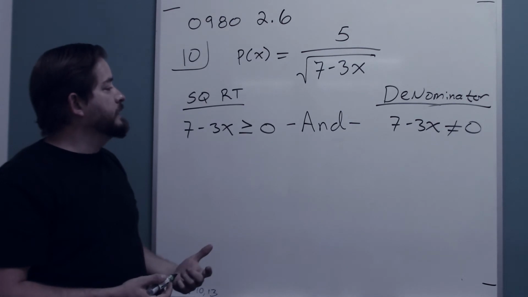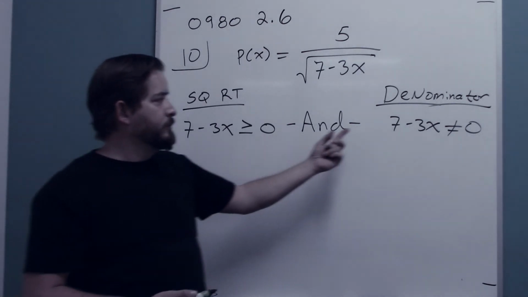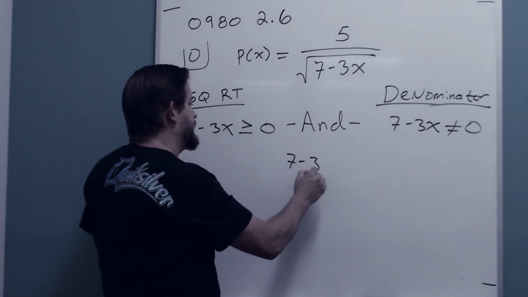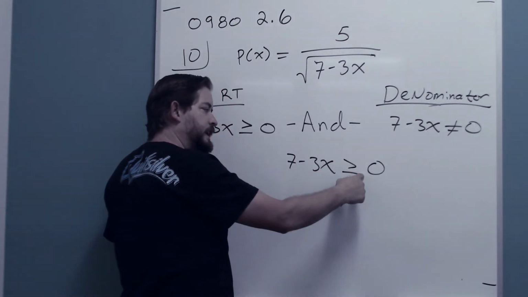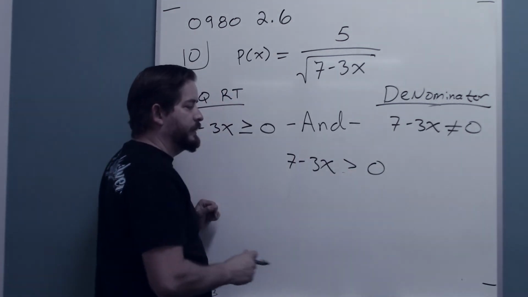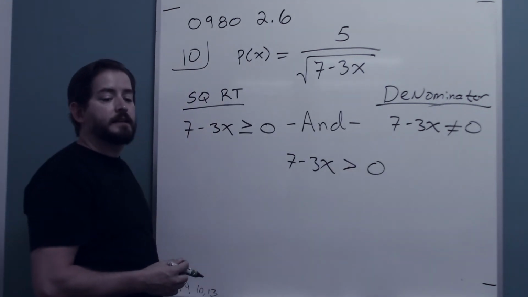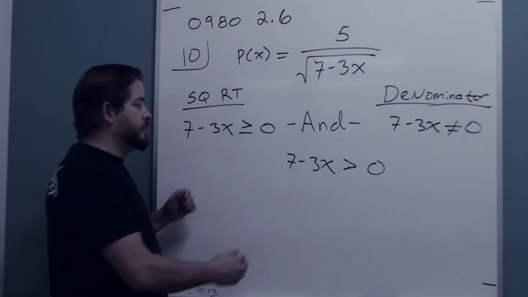But I can combine these things into a single one, because if it has to be greater than or equal to 0, but can't be 0, all I have to say is, instead of 7 minus 3x being greater than or equal to 0, this guy comes in and says, no, not equal to, so it's strictly greater than 0, and that takes care of both of these, right? And then we'll solve.